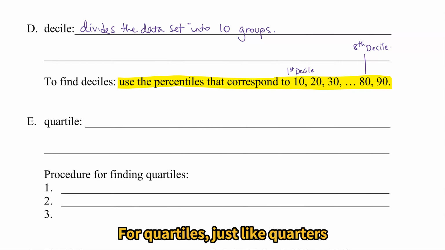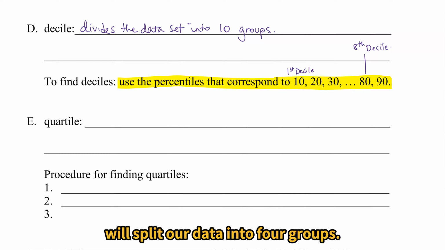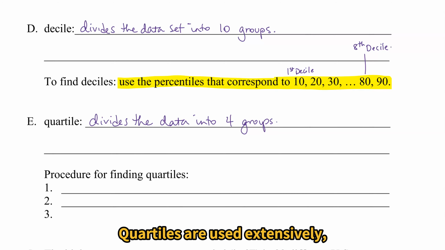For quartiles, just like quarters split things into 4, quartiles will split our data into 4 groups. Quartiles are used extensively, and we're going to see this again in the next section in 3.4.